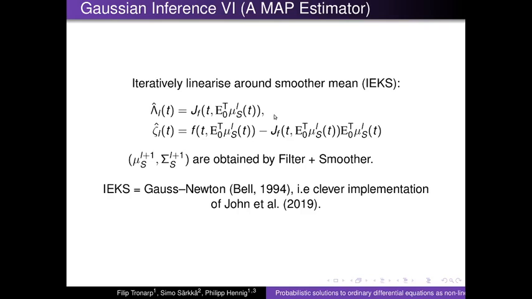So we just initialize by running any of the previous methods plus the smoother, and then we relinearize around the smoothing mean, and then we run the linear filter and smoother again iteratively until we converge to something. And this is just called the iterated extended Kalman smoother, which again is just a Gauss-Newton method for the global MAP problem. And it's just a clever implementation of the method from John et al. if you have a state space prior.